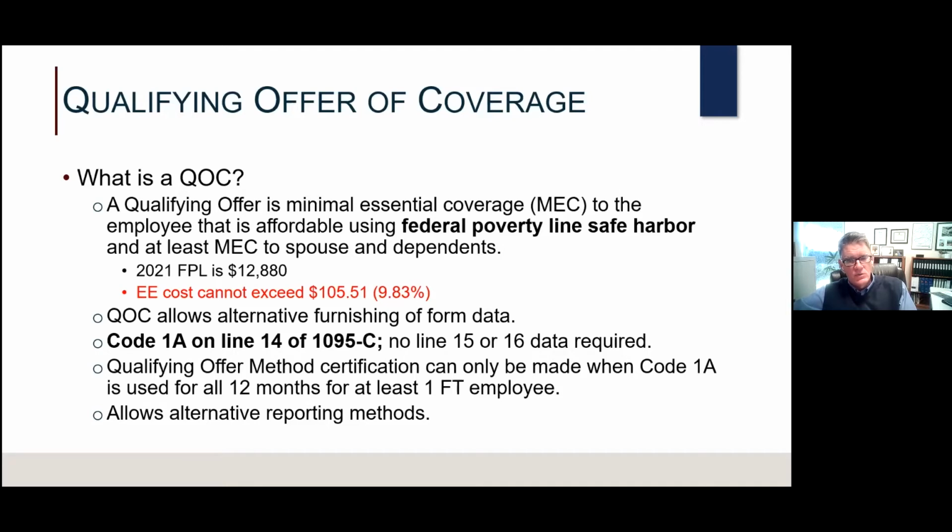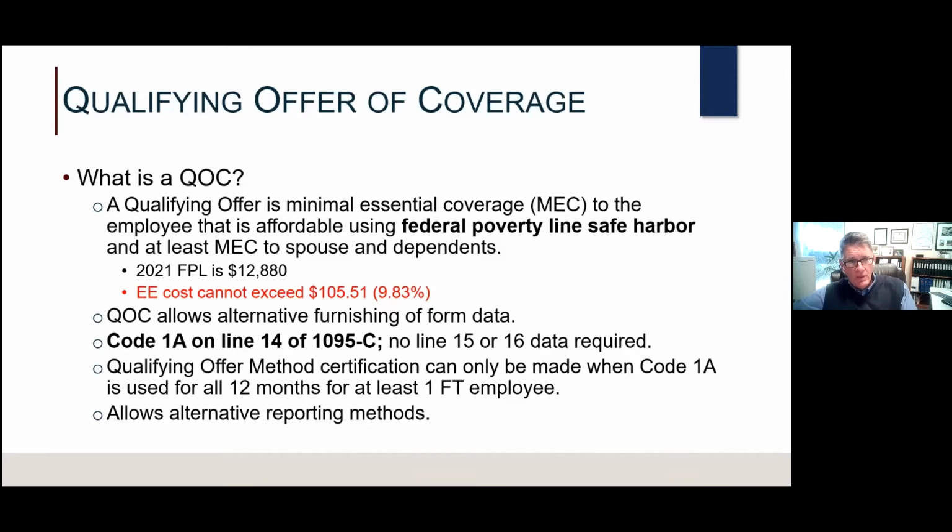And then you get to do alternative reporting on your 1095. The alternative reporting means that you don't have to provide the IRS with a lot of the data you normally would have to provide on the 1095-C. You don't give the IRS any cost of coverage information, and you don't have to provide the IRS with any information on line 16 of that form, which we're going to look at in detail in a minute.